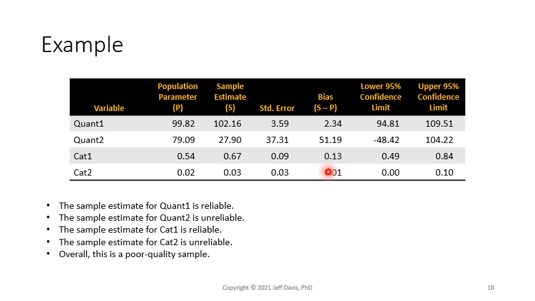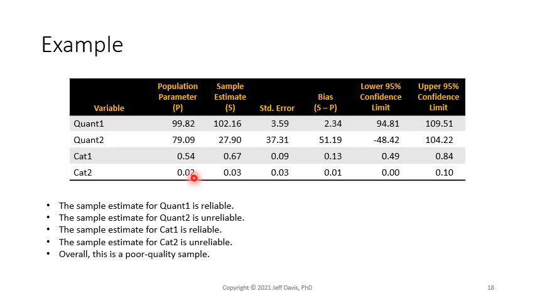Bias is a little bit large, so that's concerning. But the 95% confidence interval does contain the population parameter. So there are a couple of things worrying about the estimate, but based on those criteria, yes, it's a reliable estimate.